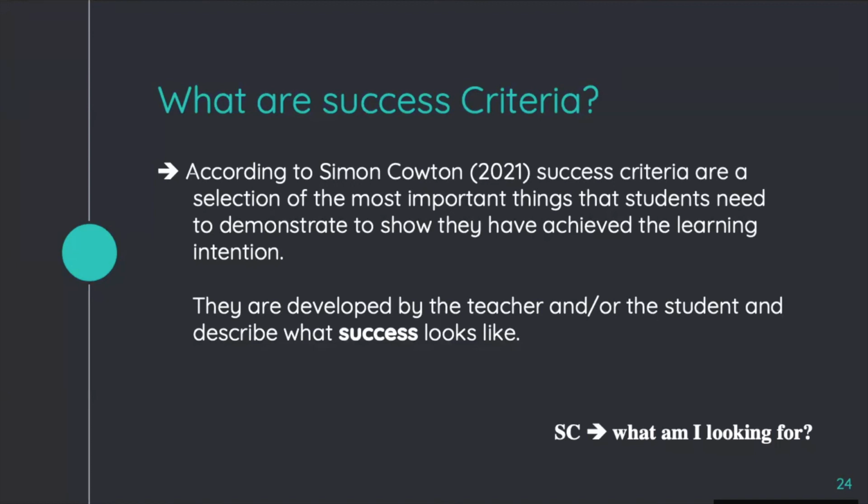Right. So putting everything together again, learning intentions are about setting the objectives. Again, we say in Arabic, إِنَّمَا الْأَعْمَالُ بِالنِّيَّاتِ. You cannot work on whatever you're working on in life without having intentions and without having objectives. So that's the first step.